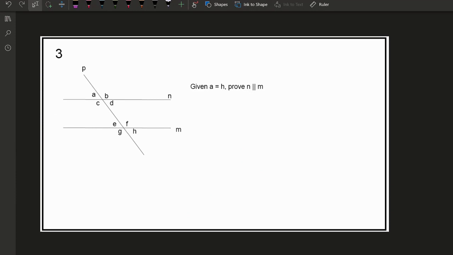Okay, now this is a smaller proof. We're going to do a couple of these that are just 1 or 2 steps. So A is equal to H, prove that N is parallel to M. So step 1, I'm just going to say A is equal to H, that is given. I want to go here and mark that on my picture. A is equal to H. Well, looking at A and H, they're exterior angles and they're on the opposite sides of the transversal, so those would be alternate exterior angles.